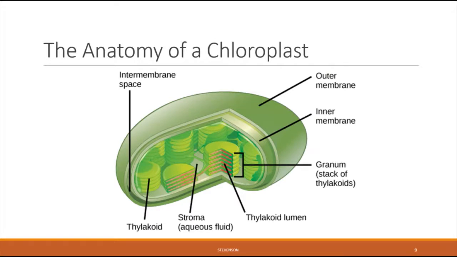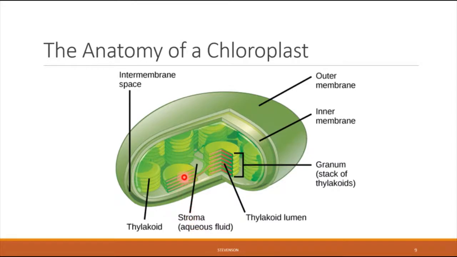So the chloroplast has two layers of membrane. If that sounds familiar, it's because we're thinking also about the mitochondria from last chapter, which also had two layers of membrane, an outer layer and an inner layer. But within the inner layer of membrane, there is a region of gelatinous substance called the stroma, which is kind of like the cytoplasm of the cell at large.